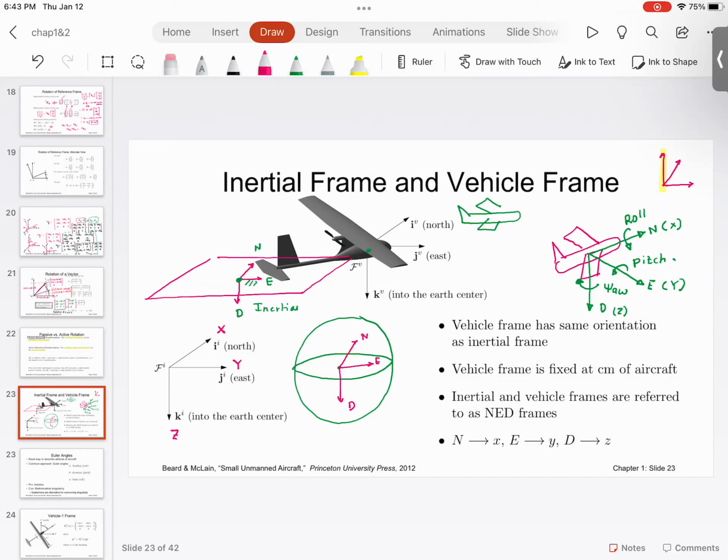Then maybe this is the CG of the aircraft, and I'm going to attach my second frame, again north, east, down, to this aircraft, and this is going to be the aircraft based frame, north, east, down.